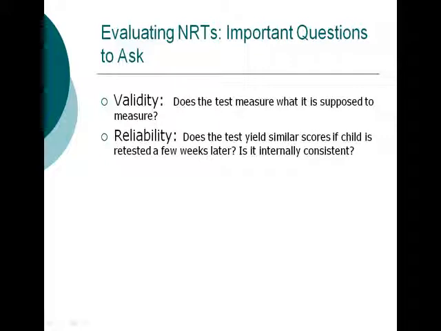Basically, internal consistency is judged by taking, let's say you have a 50-item test, and you take all the odd items out and all the even items in another pile, and you treat it as though it's 2 different tests. So you take a correlation.